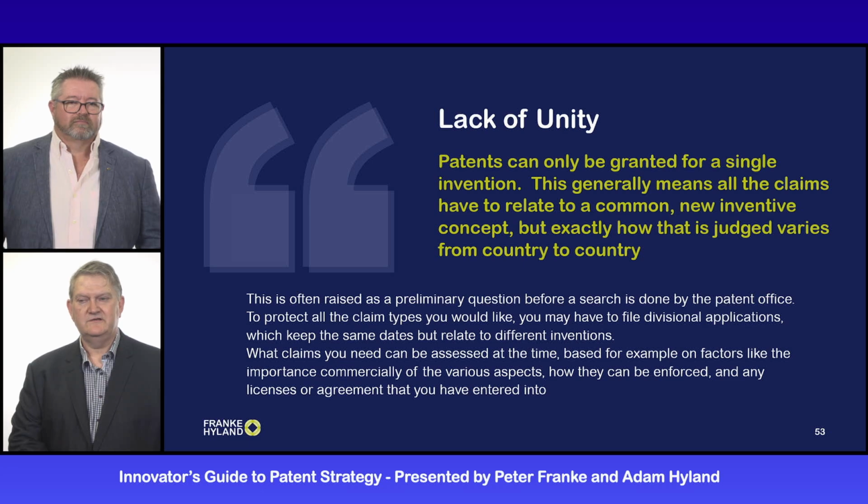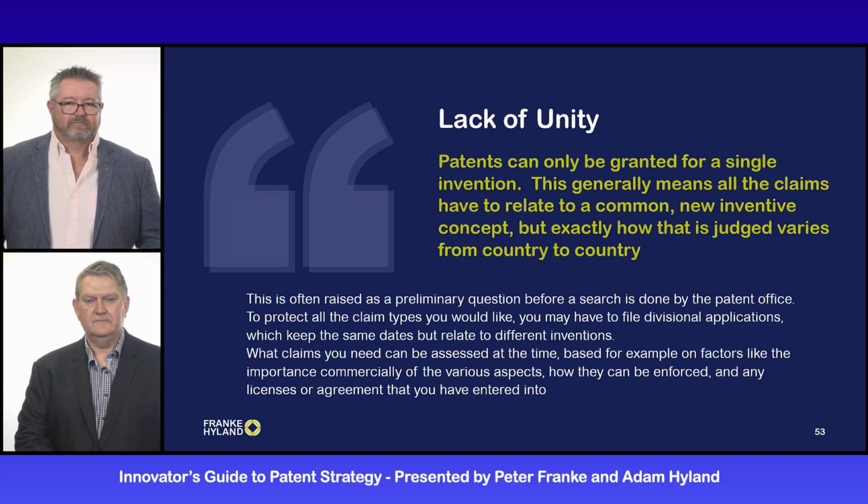But as you might imagine, each Patent Office has a different set of rules around this, and it's applied more or less rigorously and just differently. There are a set of, to my mind, quite arbitrary rules in the US, for example, about what has unity and what does not. So this often comes up immediately before examination proper commences.